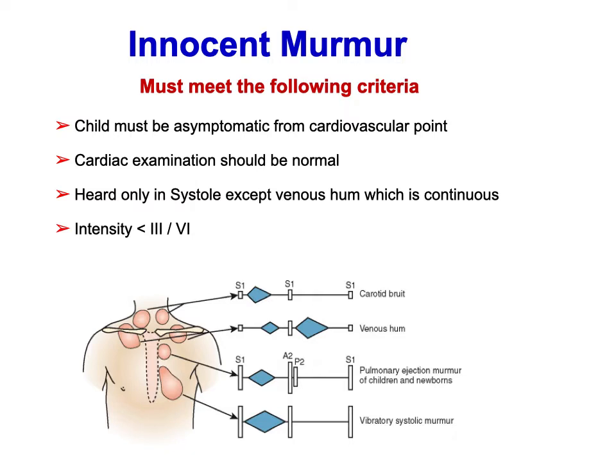If it is innocent, there is no need for going for investigation unless there is parental anxiety or you are in a dilemma. Otherwise, only in the pathological one needs investigation, and it's very difficult to differentiate clinically between innocent and pathological murmurs. But we should know four major types of innocent murmurs, and the criteria for innocence are again four.